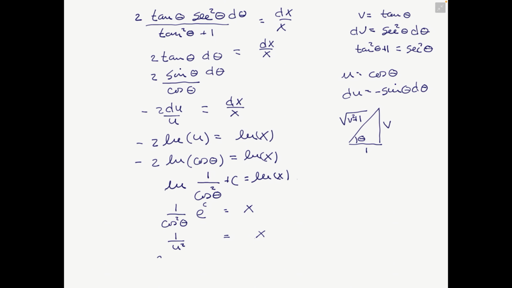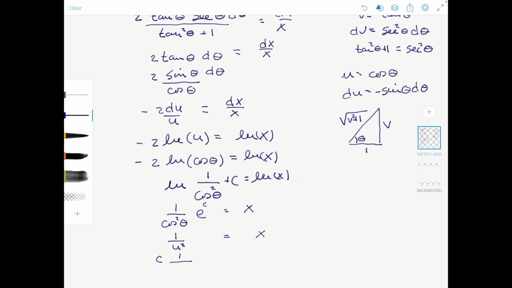We could say c, and u was cosine. Okay, we've already gone from u, so I don't want to go back. So this basically is just a constant.